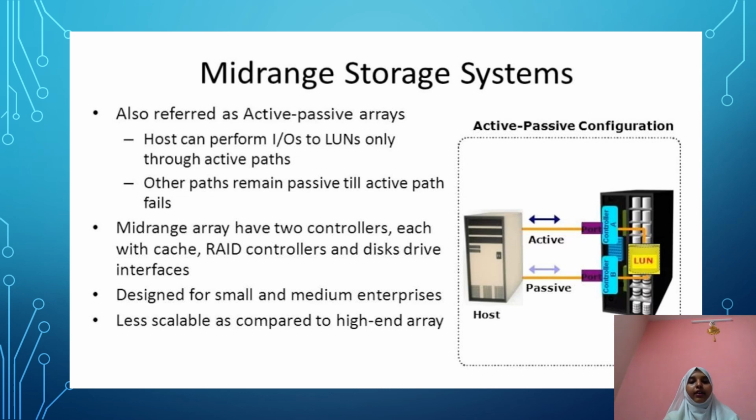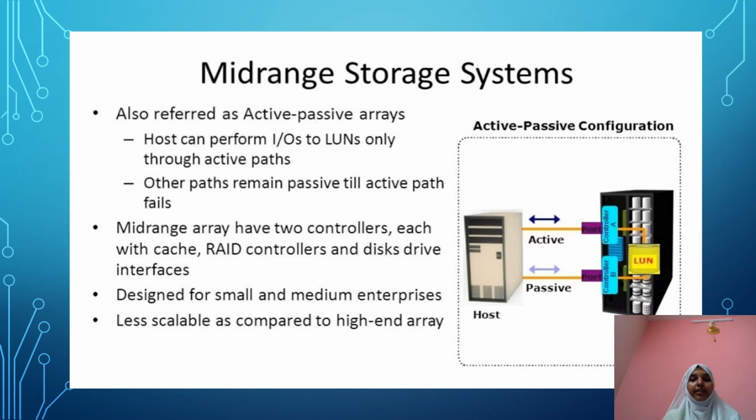Now let's have a look at the mid-range storage systems. It has an active-passive configuration, whereas in the high-end storage system, both were active-active. These are also referred to as active-passive arrays. The host can perform input-outputs to LUNs only through active paths.